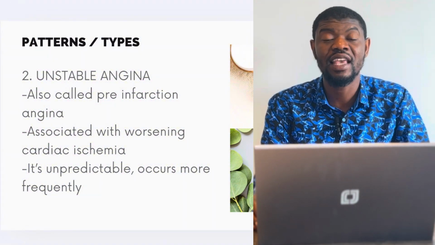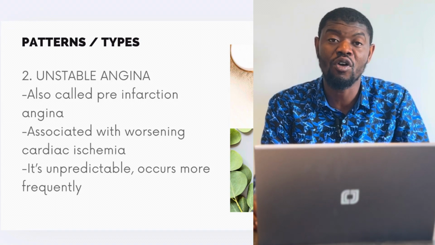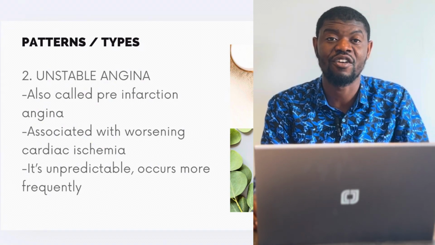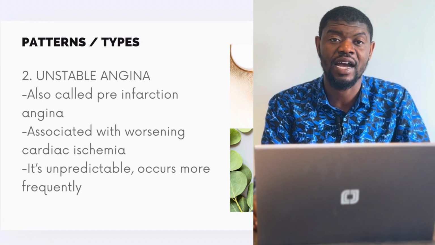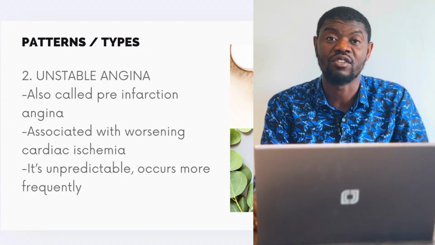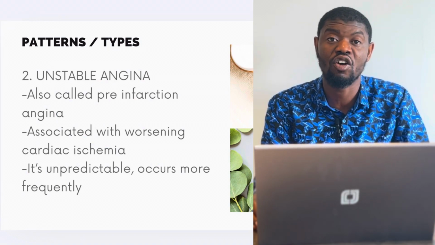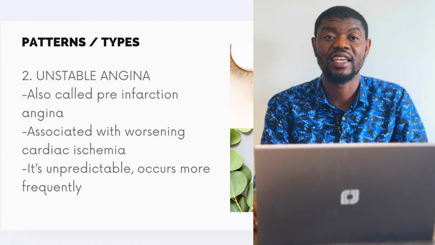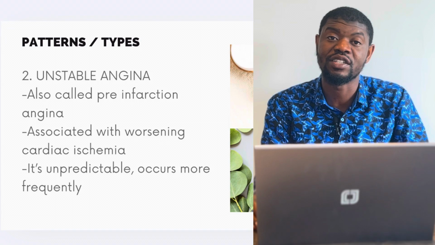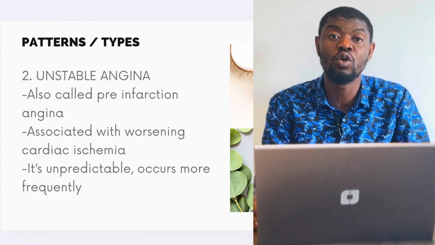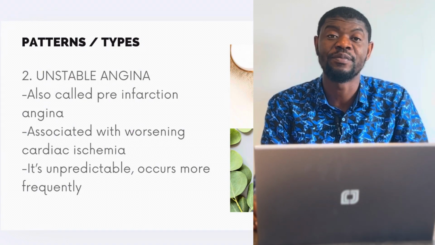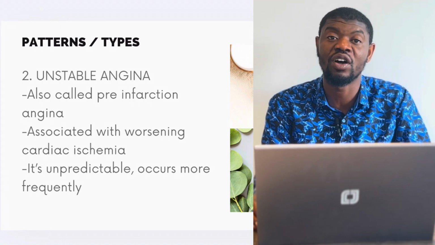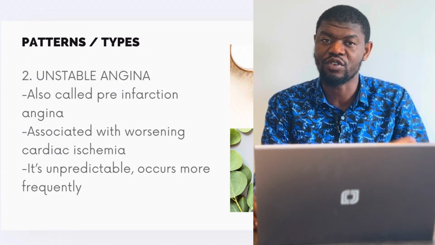The reason for this is that there is prolonged reduction of oxygen-rich blood to the myocardium, and with unstable angina, it is usually unpredictable and occurs more frequently. So when you take stable angina, which is also known as exertional angina, we know that once there is some form of physical or emotional exertion, the pain is going to come.